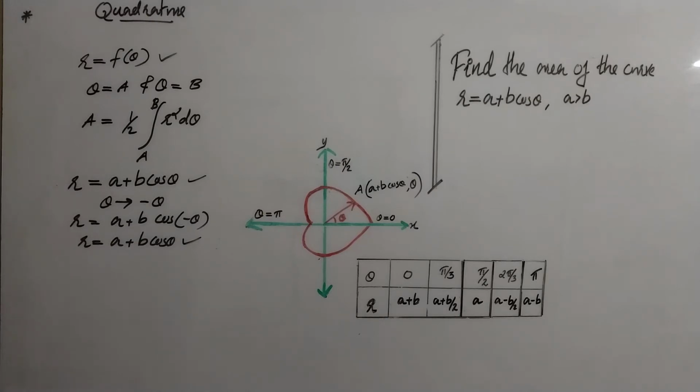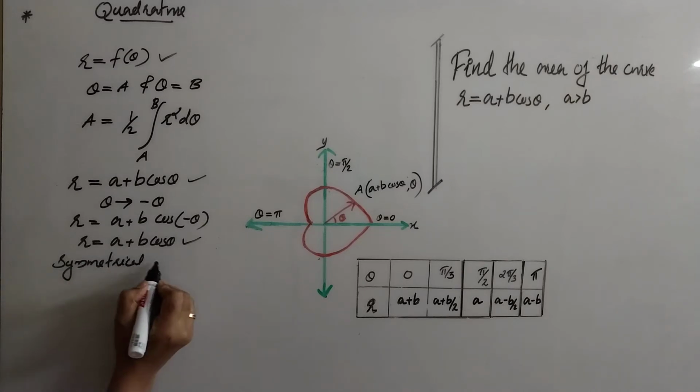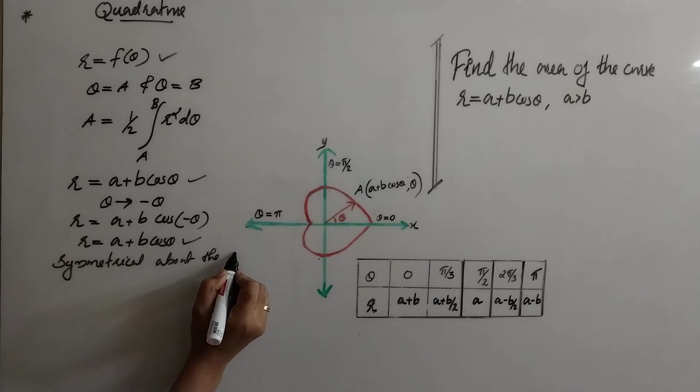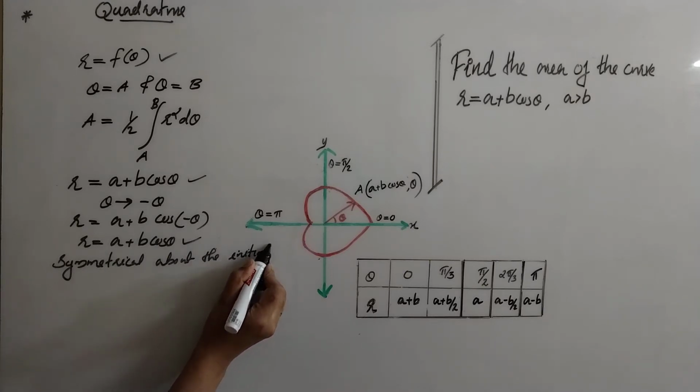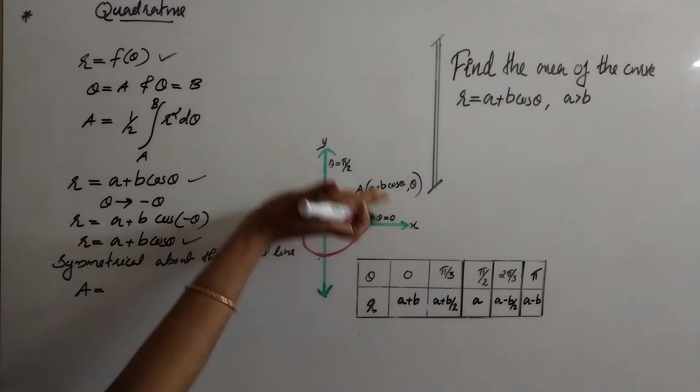So the equation is symmetrical about the initial line. So the required area A is twice the area above the initial line.